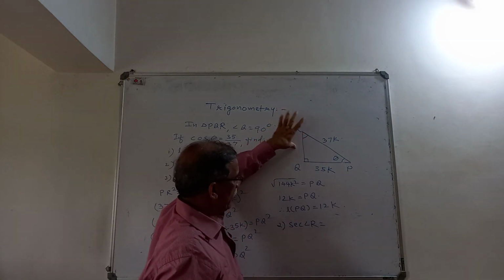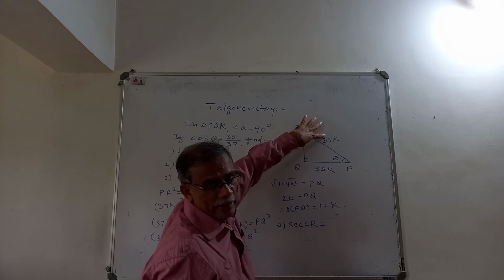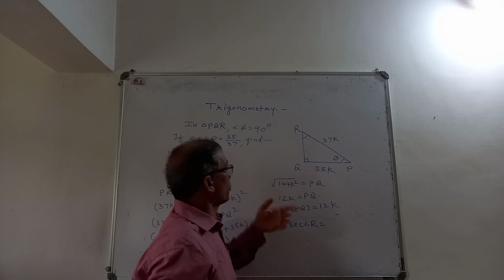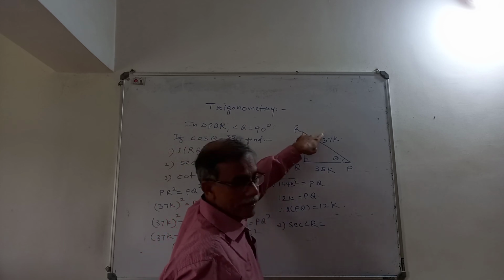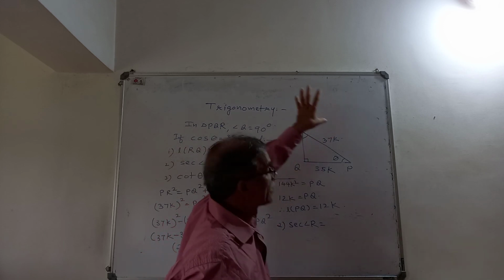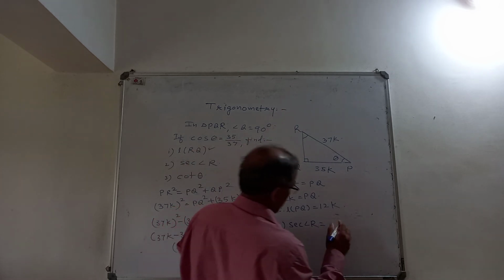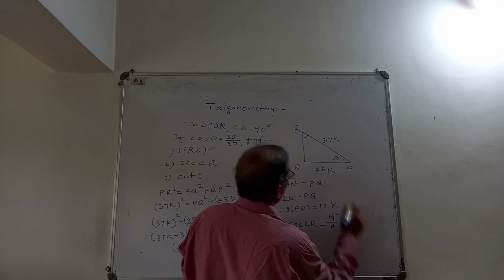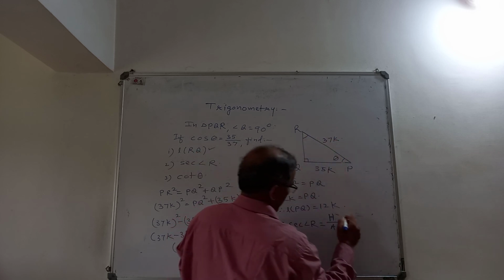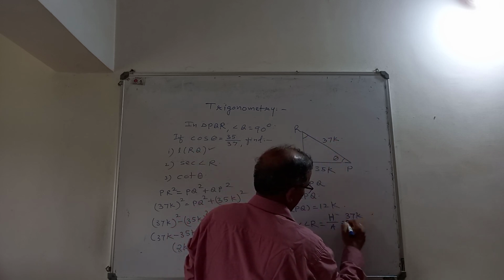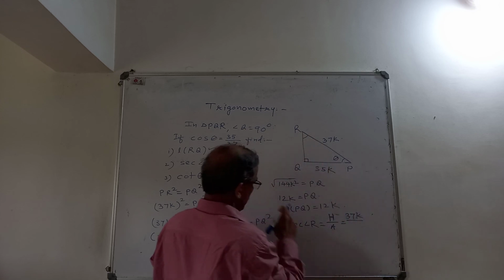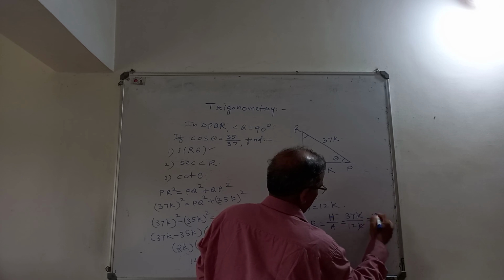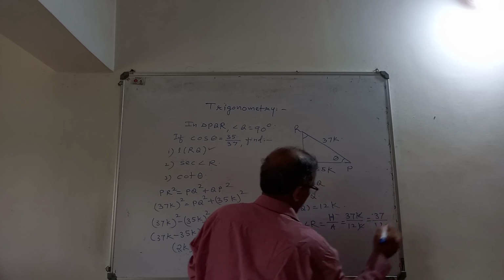PQ. So sec will be hypotenuse upon adjacent, h by a. For angle R, the hypotenuse is 37K upon adjacent PQ, which we calculated as 12K. K gets cancelled, so 37 upon 12.